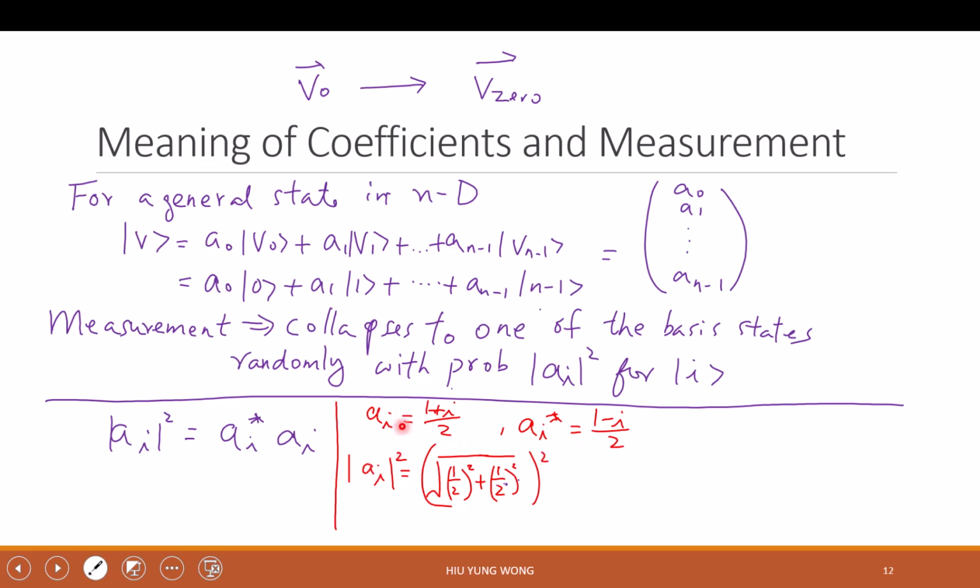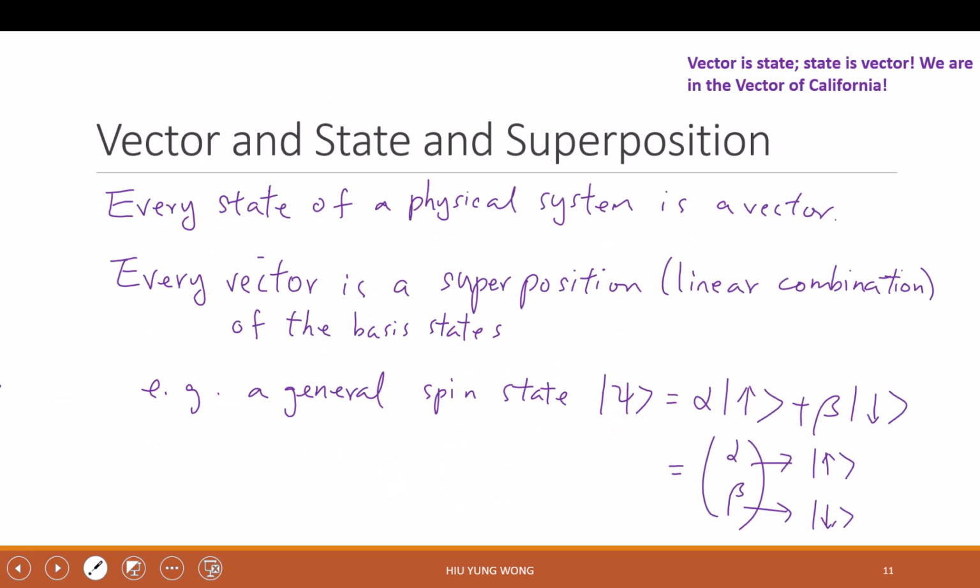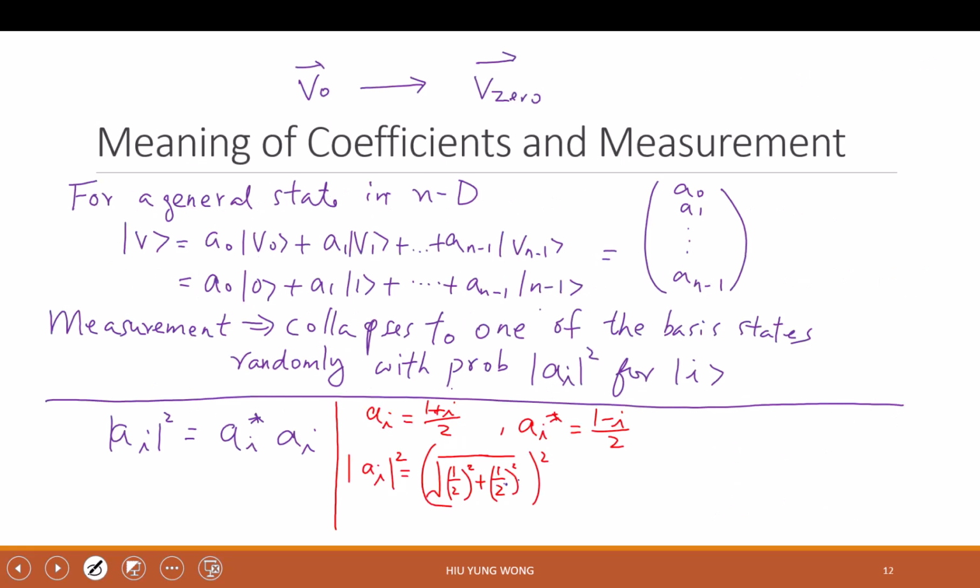You square the individual components and then take the square root. So this equals 1 over 4 plus 1 over 4, then the square root of 1 over 2, then the whole thing squared equals 1 over 2. So I have a 50% chance of collapsing to Ai if Ai equals this.